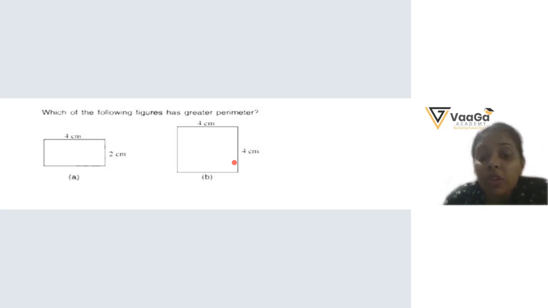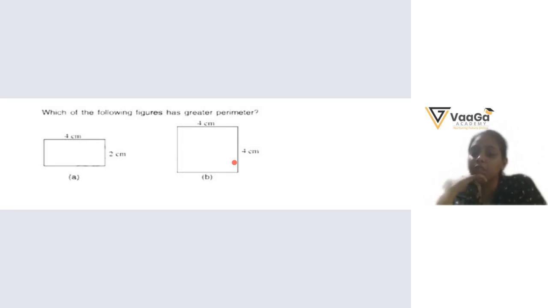Now, tell me this. Which of the following figures has a greater perimeter? Calculate the perimeter for both of the figures. Square. What's the perimeter of the square?